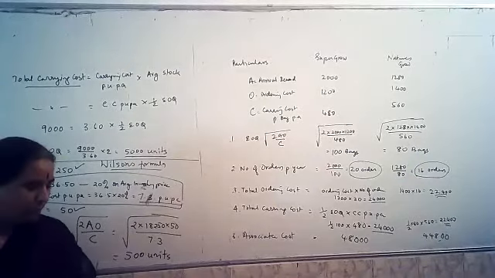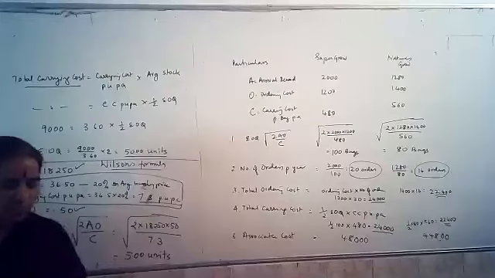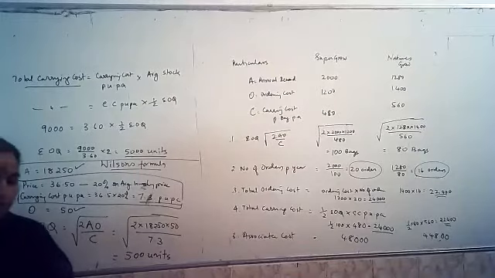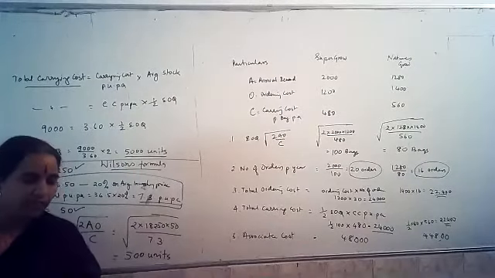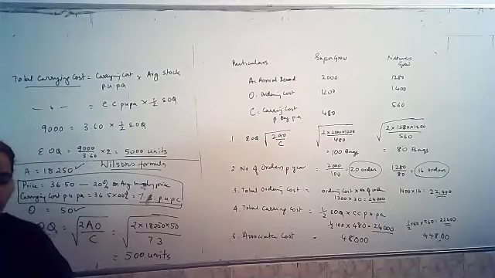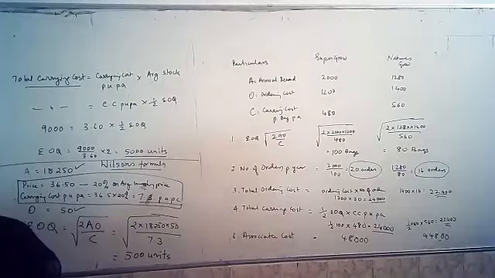PQR Limited produces a product which has monthly demand of 52,000 units. The product requires a component X, which is purchased at ₹15 per unit. For every finished product, 2 units of component X are required. Ordering cost is 350 per order. Carrying cost is 12% per annum.